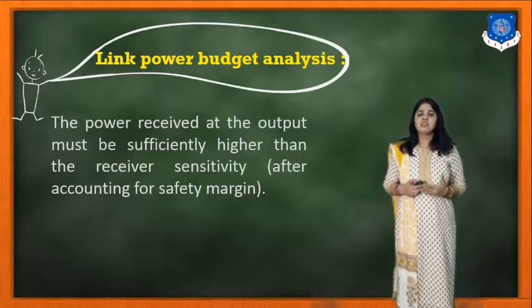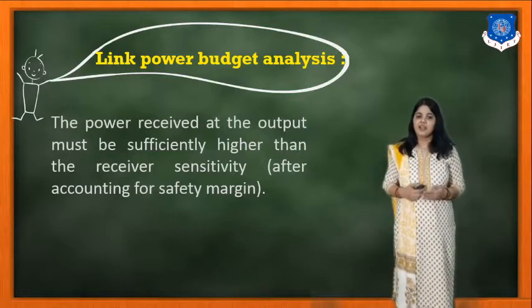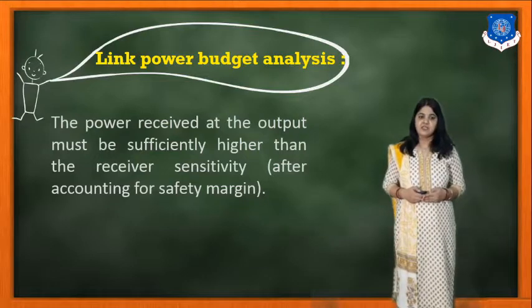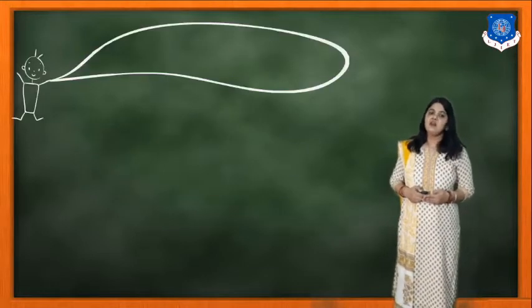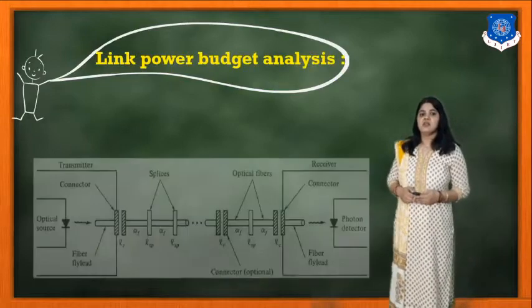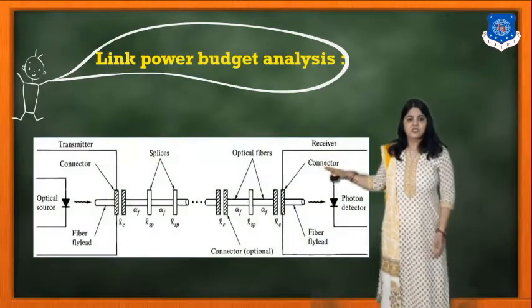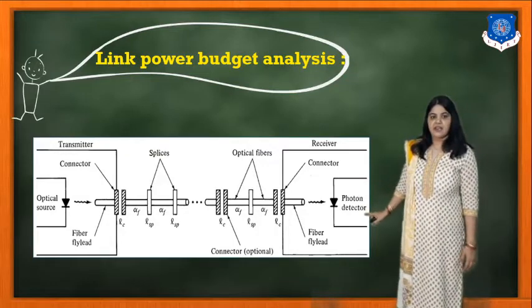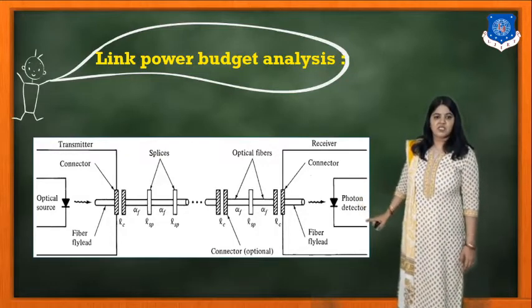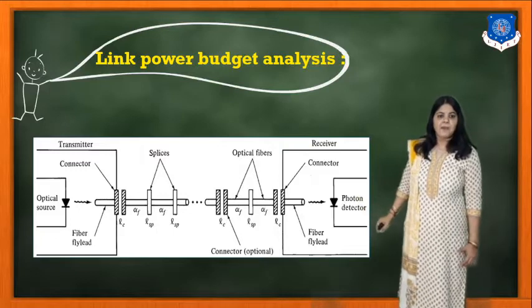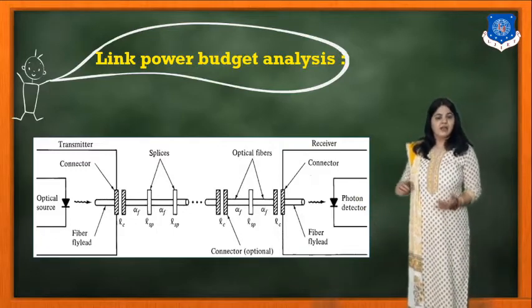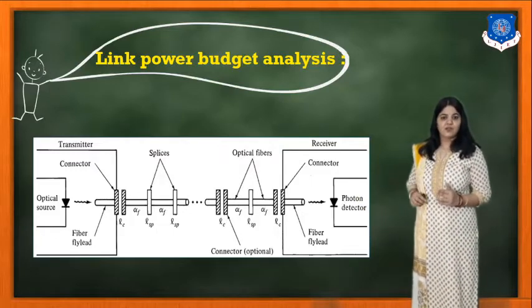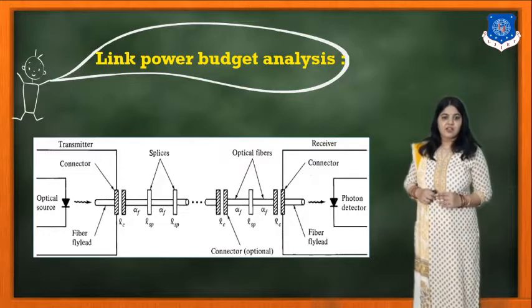The power received at the output must be sufficiently higher than the receiver sensitivity. In the diagram, we have the optical source and the detector. The optical transmitter is connected to the fiber through a connector with a fiber fly lead.